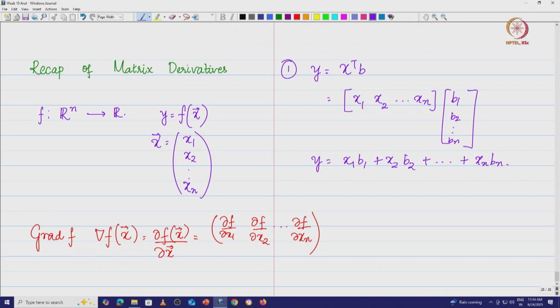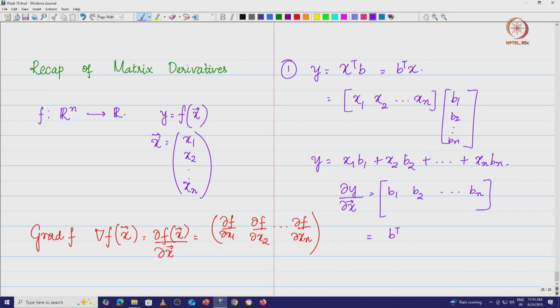So, if I look at dou y by dou x vector, it gives me b1, b2, etc., bn, which is nothing but b transpose. We also write this as b transpose x.